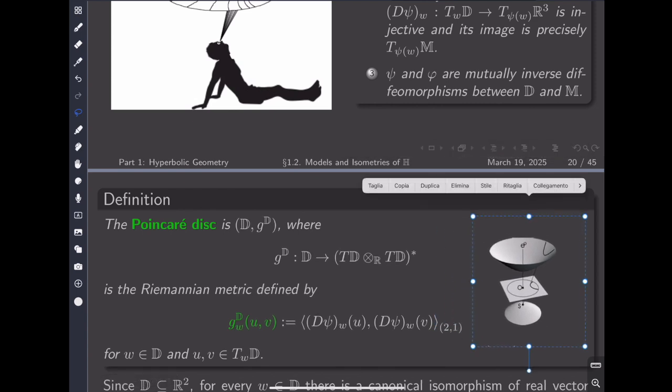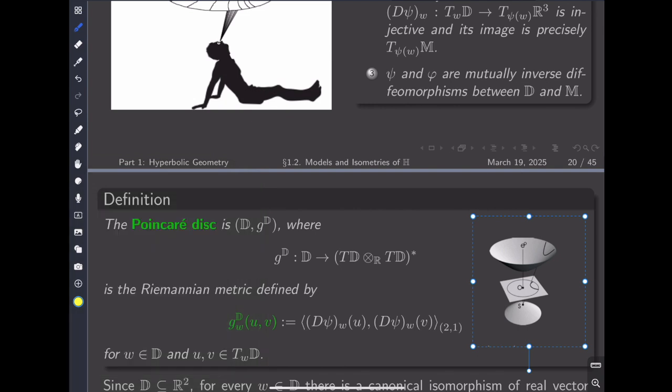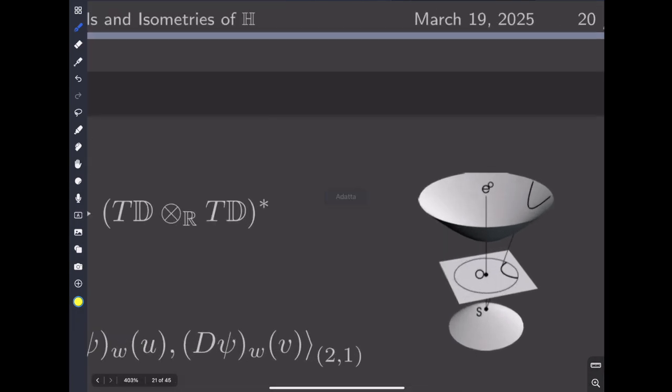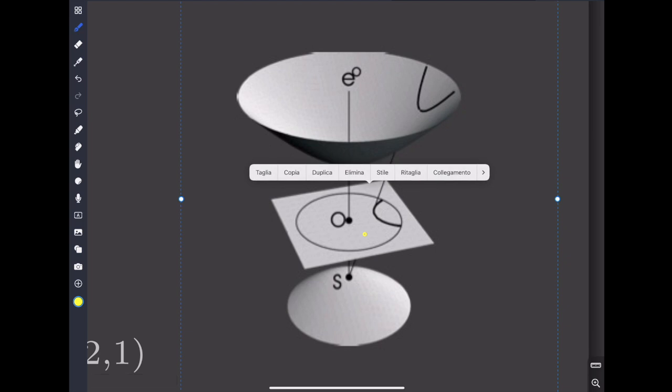Okay, so if you give me a point there, let's say here, so that I have its tangent plane. Let me draw its tangent plane.